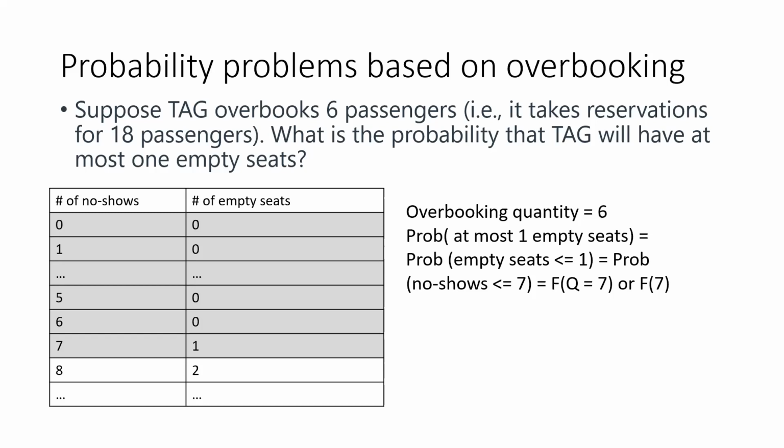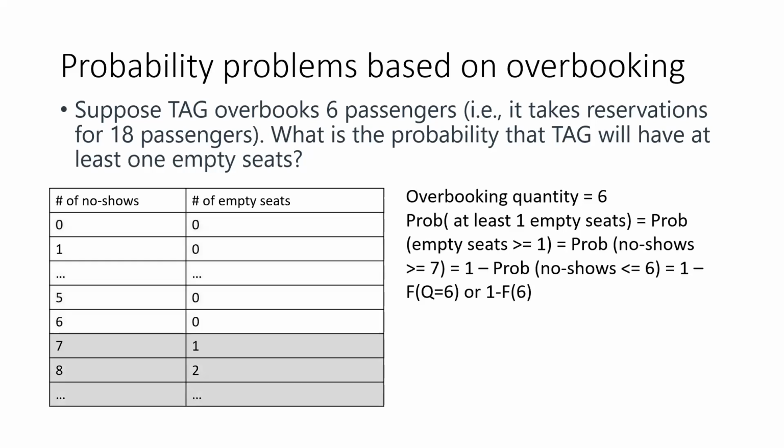And that equals the probability that no-shows is less than or equal to 7. So here, Q maps to F of 7. Then you go to the Poisson distribution table with Q equal to 7 and find the probability. That's an easy job. Okay, next question.